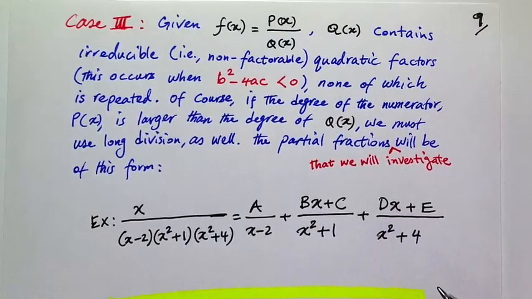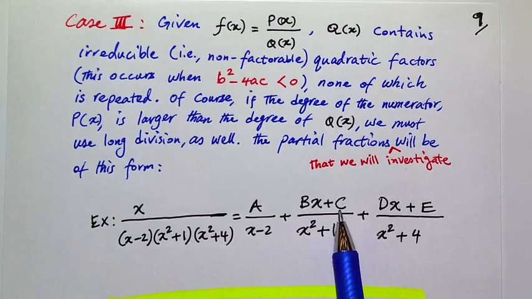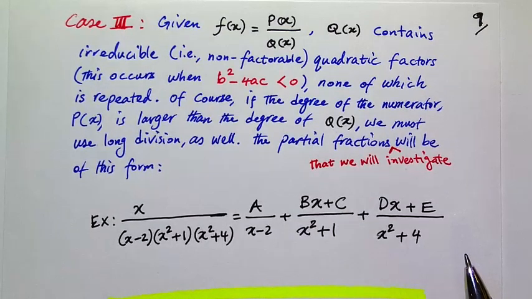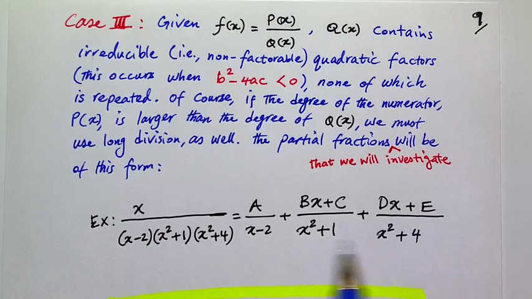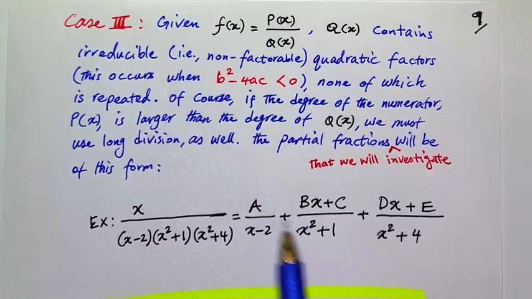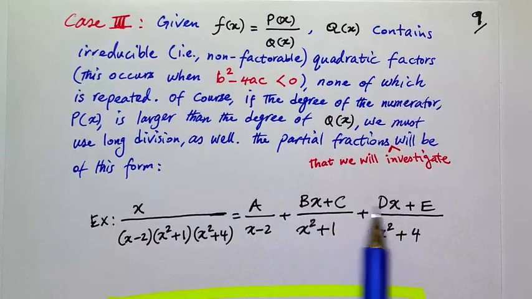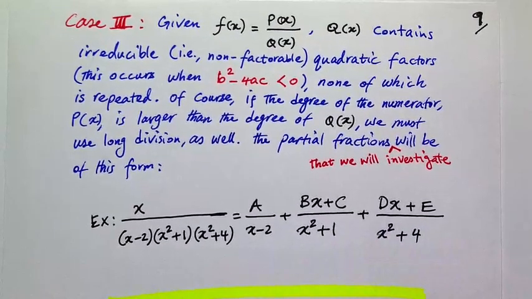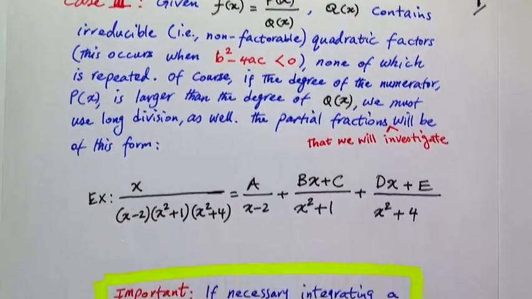But we may not end up with the same form, because if b turns out to be 0, then we end up with a constant value over x squared plus 1. Or if d turns out to be 0, we end up with just a constant over that. So initially, when we set up our partial fractions for this case 3, they're going to be of this form. But sometimes b or d, or both b and d, turn out to be 0, so we don't end up with an x in the numerator. Just be aware of that.